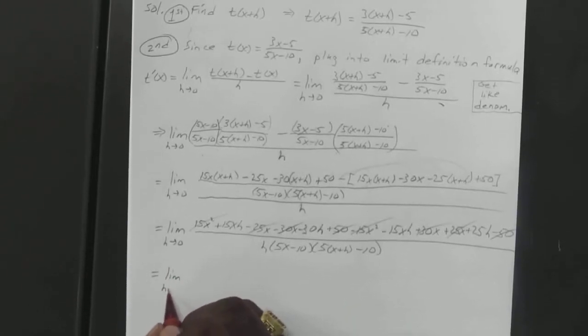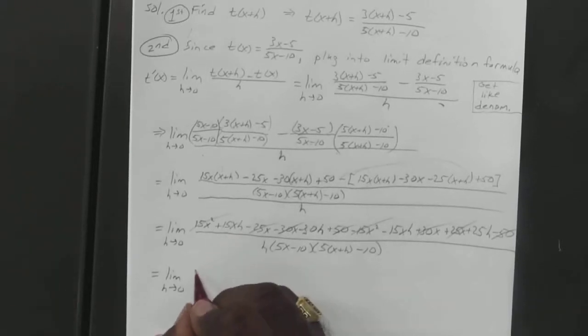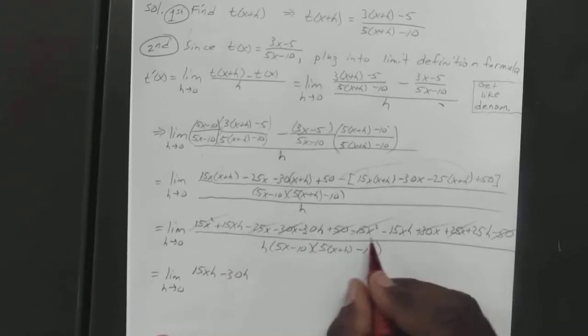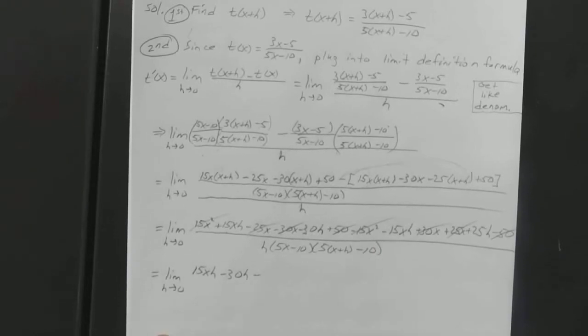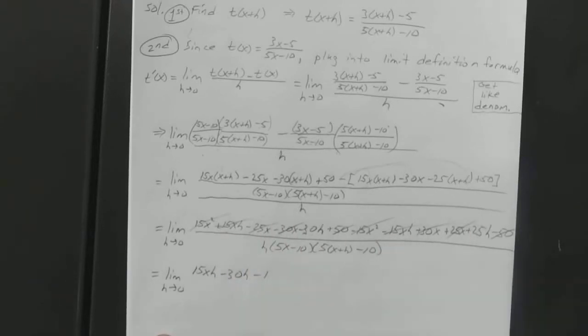So the limit as h approaches 0 of 15xh minus 30h minus 15xh. How'd I miss that one? Yep, so those two should have canceled off.